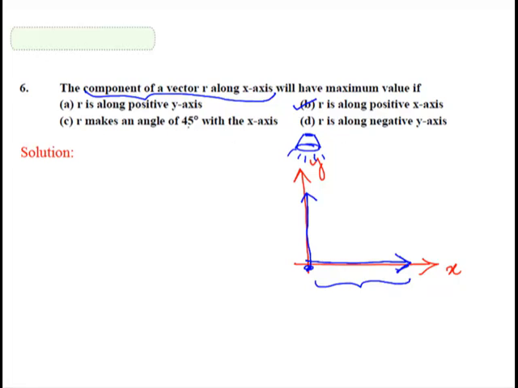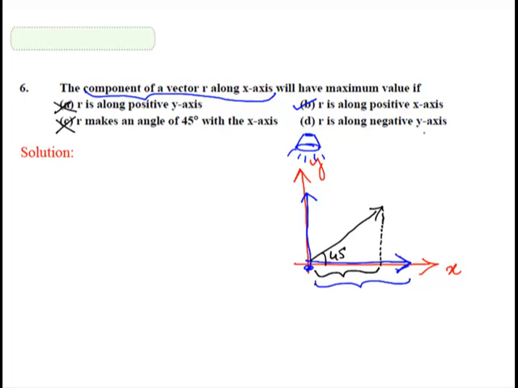R makes an angle of 45 degree with the x axis. If it is making 45 degrees, let's check what happens. To find the x component, you have to draw a perpendicular onto the x axis. Don't you think this is smaller than the previous one? This is bigger, right? So this is not possible.